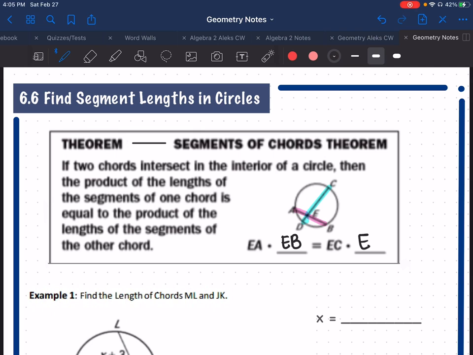So take a look at my two chords, my pink and my blue. I'm going to break them into two pieces, not necessarily half. I multiply the pieces of the pink, and they are equal to the two pieces of the blue one multiplied by each other.